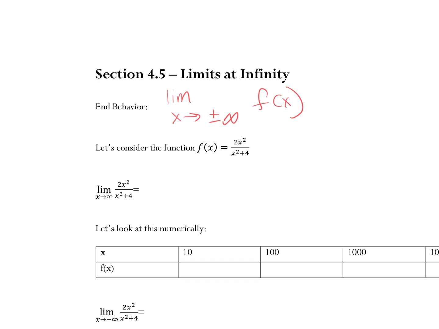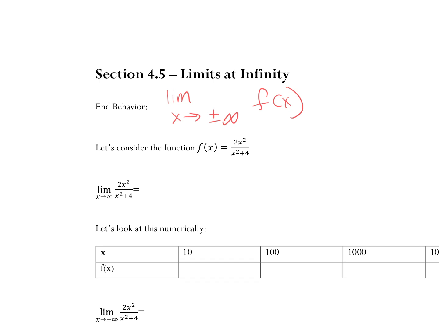But sometimes we have end behavior asymptotes, like horizontal asymptotes. In this course we're only focusing on horizontal asymptotes in terms of end behavior. So those are the only times I will ask you to find an asymptote.